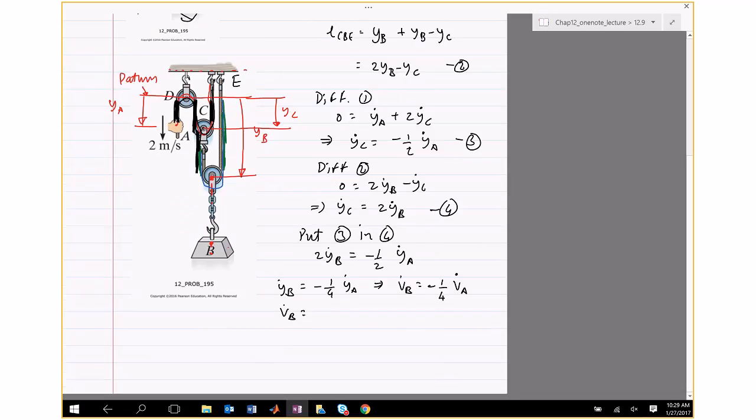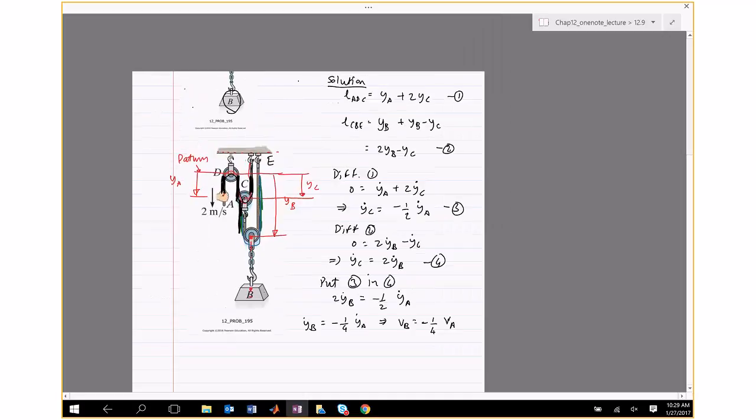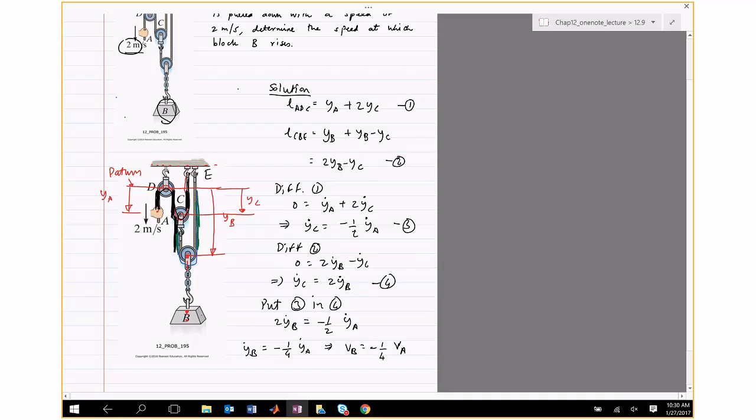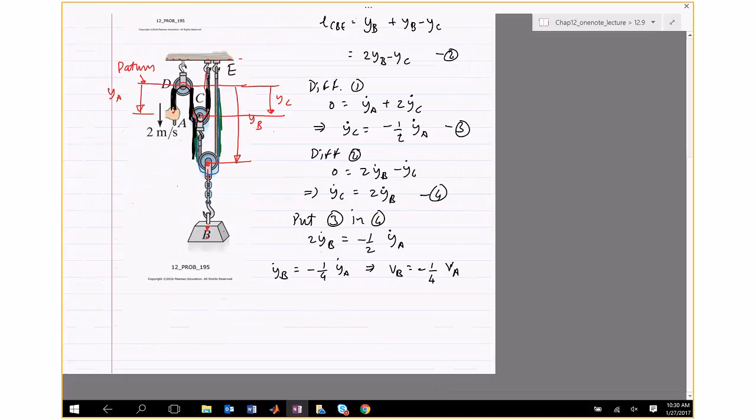It's only VB and VA. Oh, my bad, that's no dot. Good point. Sorry about that. Okay, so you're given that the velocity of A is 2 meters per second. So VB is minus 1/4 times 2, is minus half, which is 0.5 meters per second.